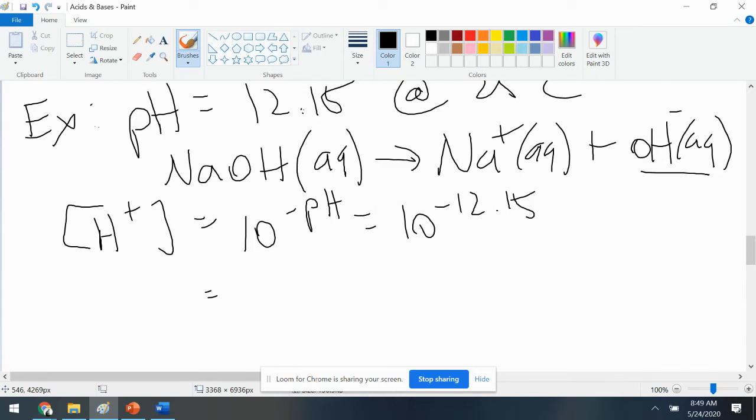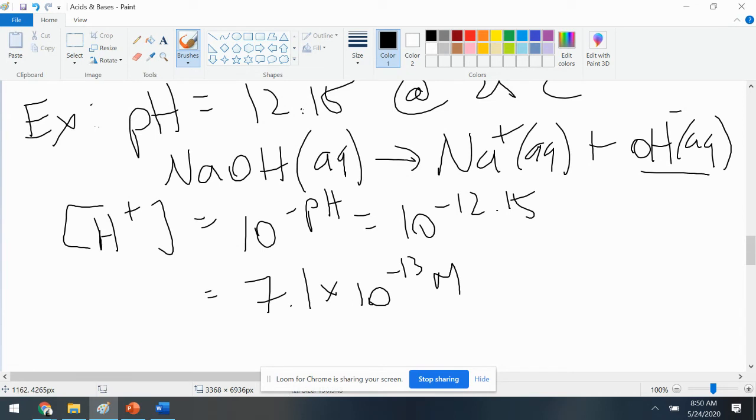Now you're going to get, let's also do the sig figs, 7.0, excuse me, I'm going to round it. So it should be 7.1 times 10 to the negative 13 molar.